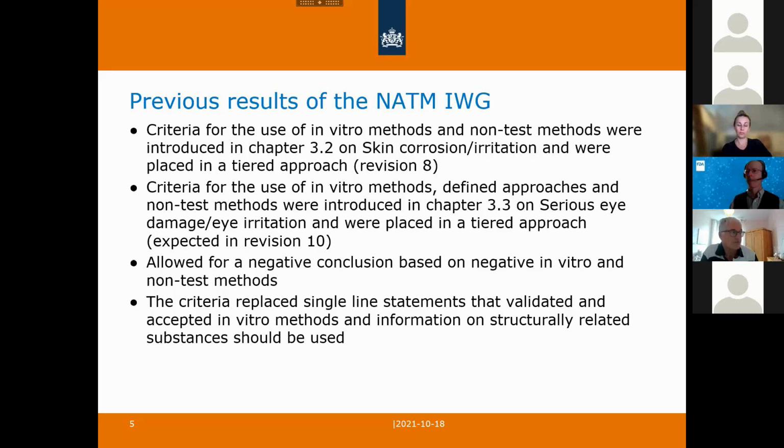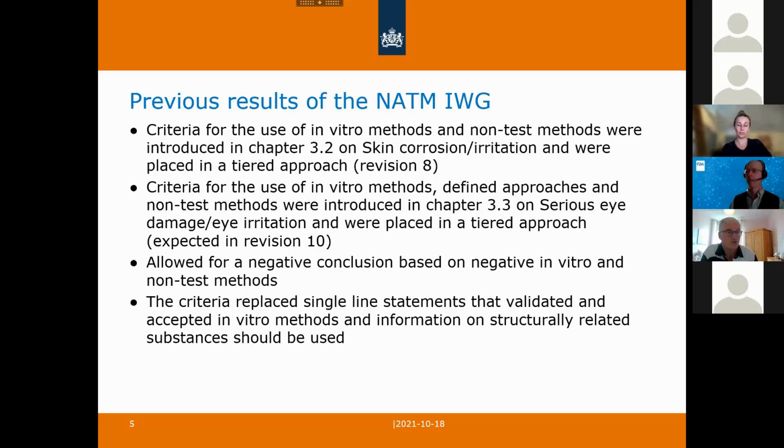For eye irritation and serious eye damage, we introduced in vitro methods and non-test methods, but also defined approaches, because for eye irritation and serious eye damage, there is already an OECD project going on, which includes defined approaches.